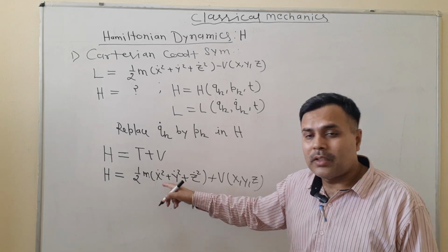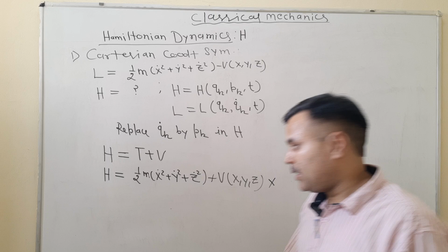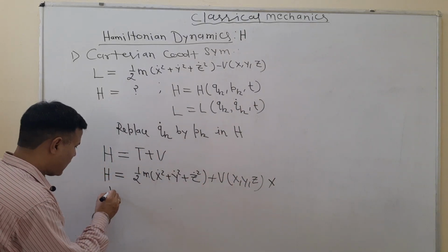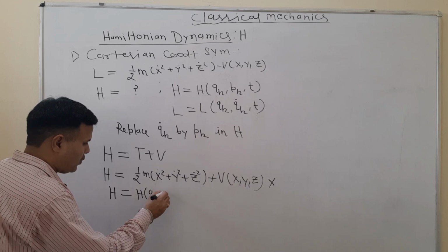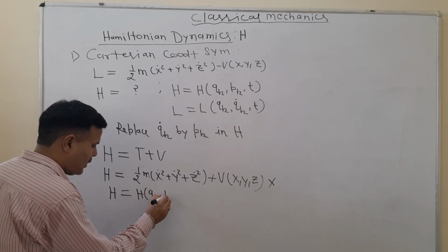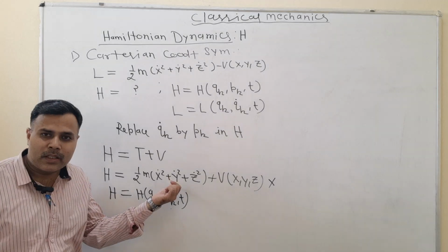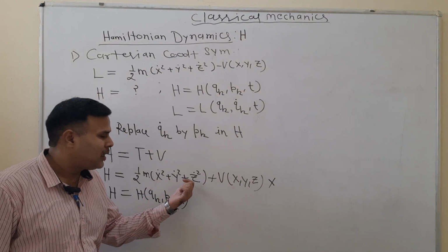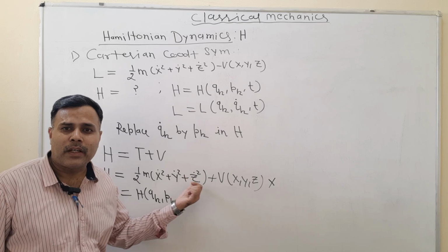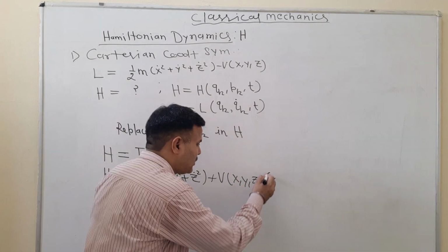So this is not the correct expression of H, because H should simply be a function of qk, pk and t. But in this Hamiltonian expression, we can see that H is a function of velocity, that is x dot, y dot, z dot. That is why we can say this is not the correct expression.